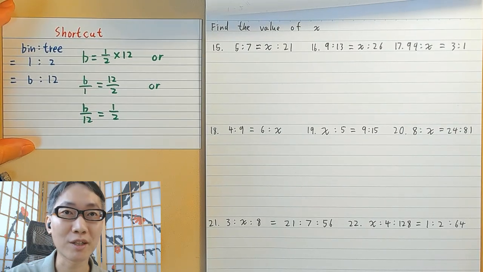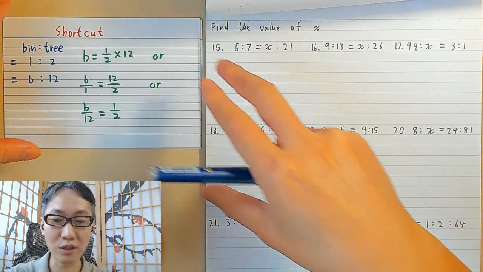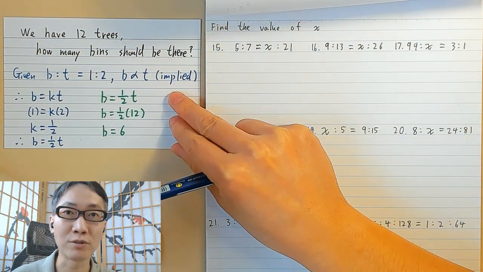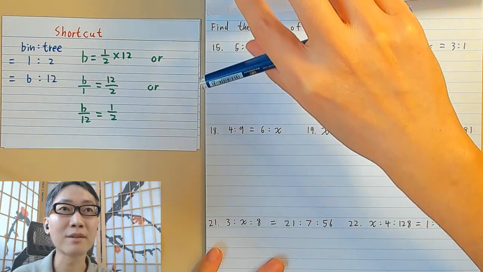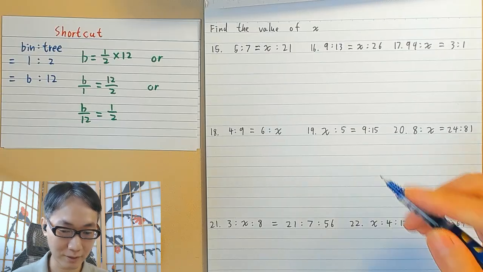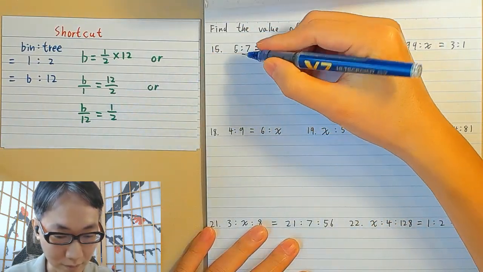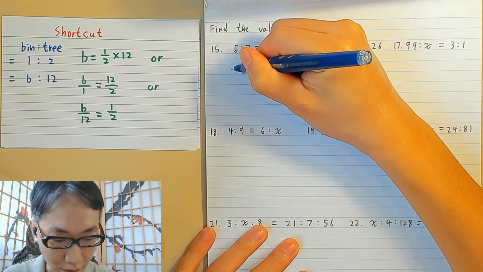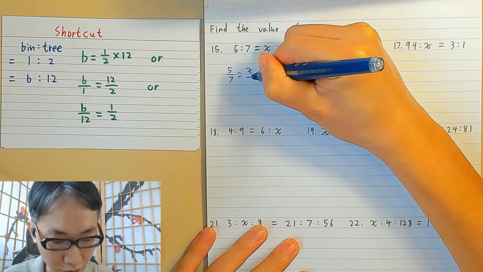We can always use shortcuts as long as we know what we are doing, and as long as you know the original full version. So find the value of x. So we're using this one. 5 over 7 is equal to x over 21.